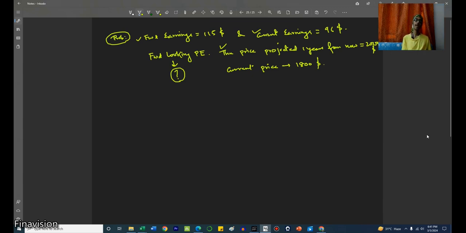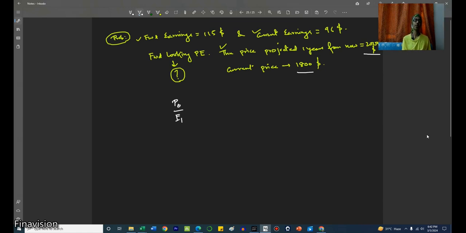So we have to find out what is the forward looking PE, right? So what is the expression for forward looking PE, guys? Should we use this value or should we use this value? Please ask yourself the question. The forward looking PE ratio expression was P0 by E1, if you remember. It was not P1 by E1, it was P0, that is current price, by the forward looking earnings.